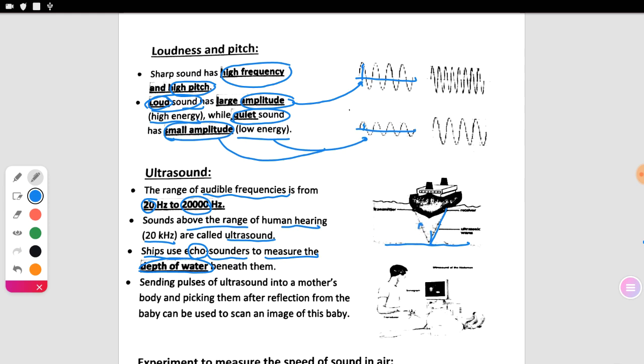By measuring the time and distance, velocity equals distance divided by time. The wave goes and is reflected back, which means the distance is doubled. So by measuring velocity and time, the depth d equals velocity times time divided by 2, to measure the depth of water.